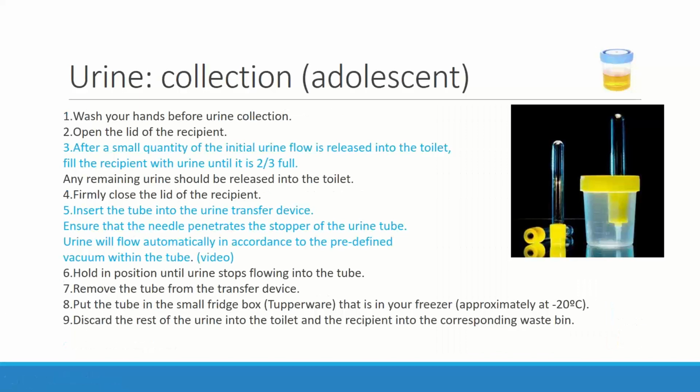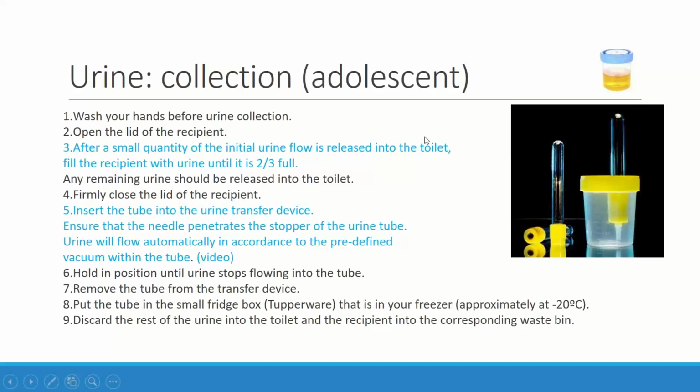And here we have the detailed process, and I'm just going to highlight the most important points. As said, the collection will be done by the adolescents, and we have decided to use these kits for urine collection, which contain 2 devices. One is a recipient, similar to the one used previously in Helix.